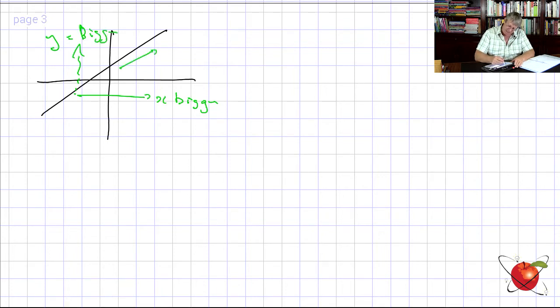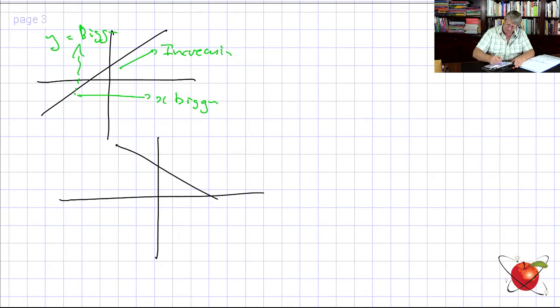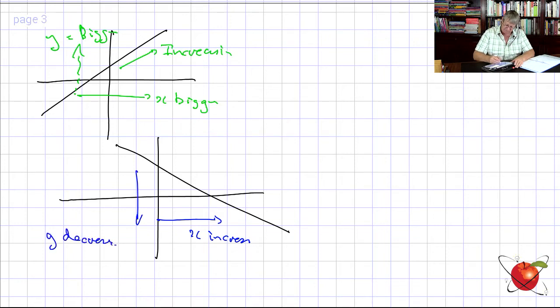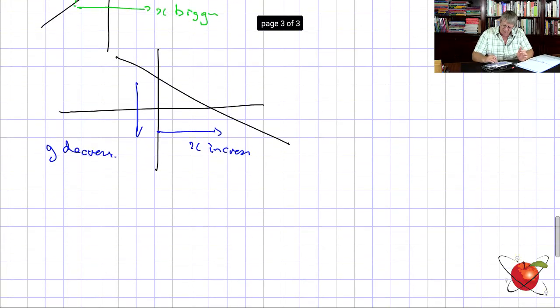That graph is then increasing. Now let's have a look at a graph that goes the other way around. Like that. Now let's plot and see what happens. Let's do blue. X increases and y decreases. So as x is increasing, y is decreasing, so we are getting a decreasing function. Those are just the definitions.